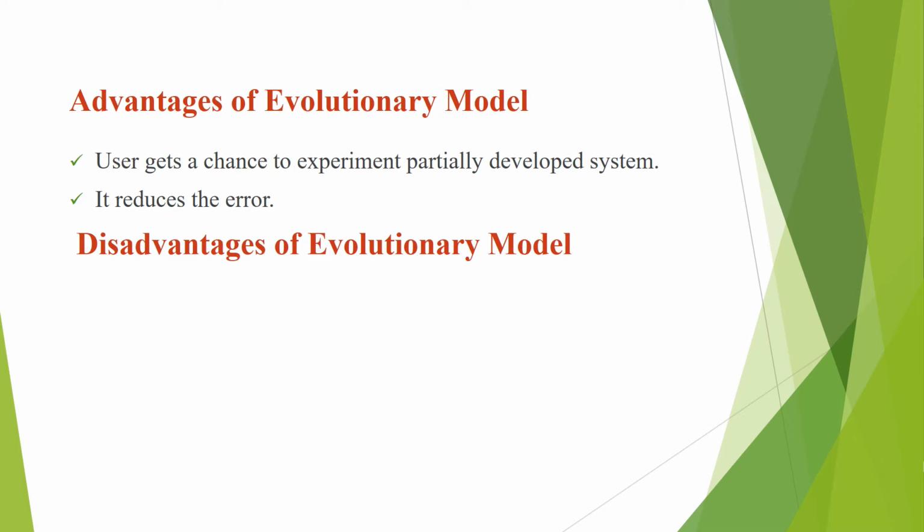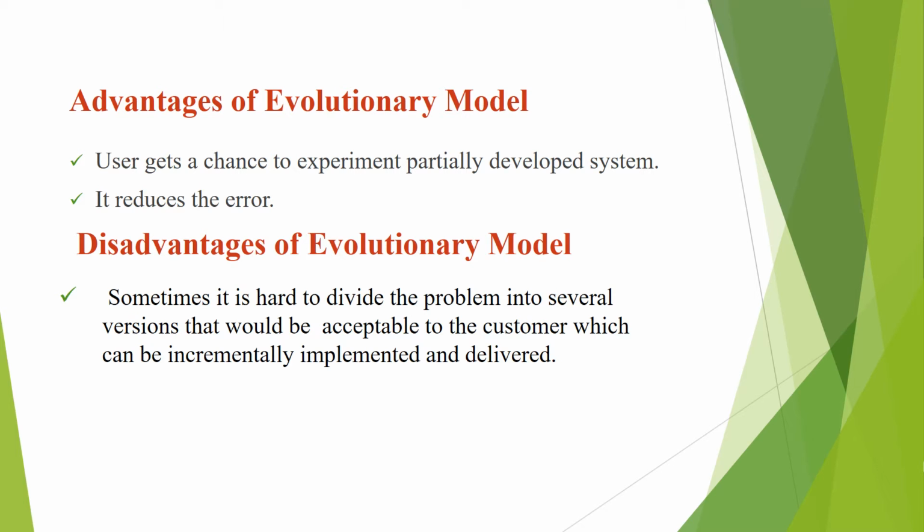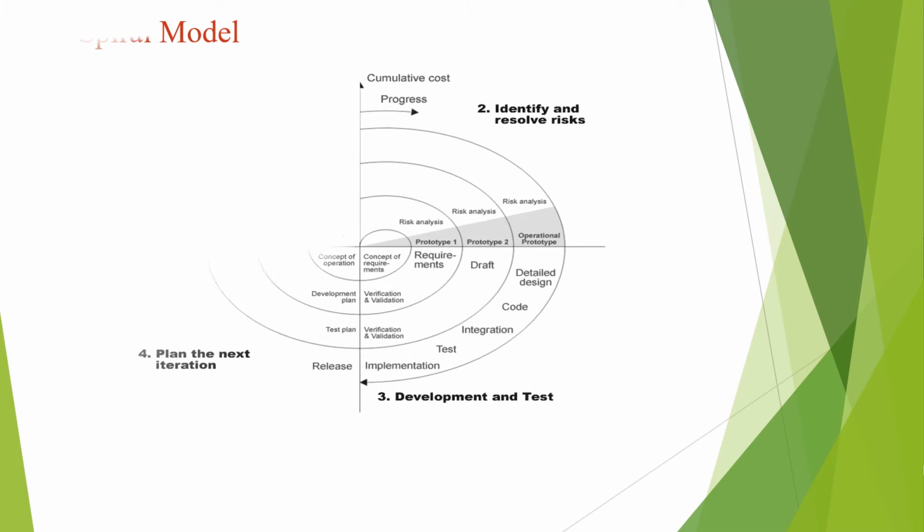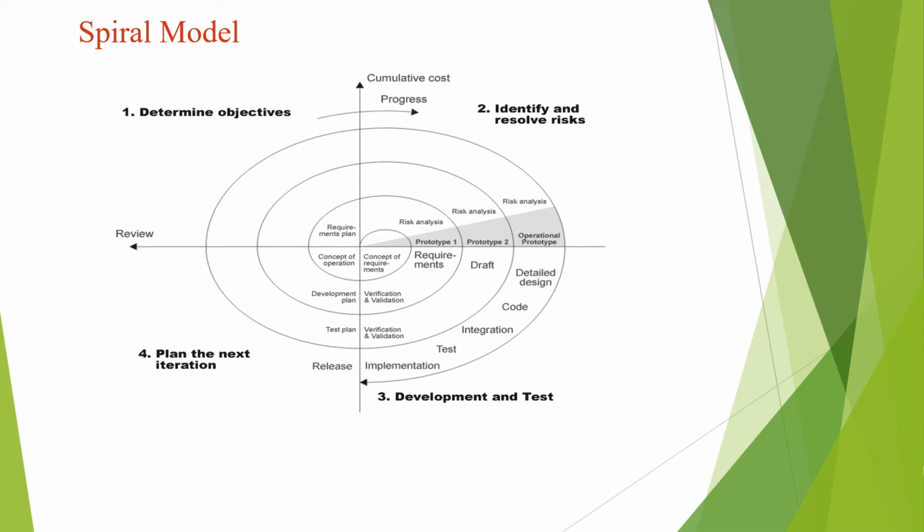The disadvantage of evolutionary models is that sometimes it is hard to divide the problem into several versions that would be acceptable to the customer, which can be incrementally implemented. Now let us discuss the first model, that is the spiral model, which is an evolutionary process model.